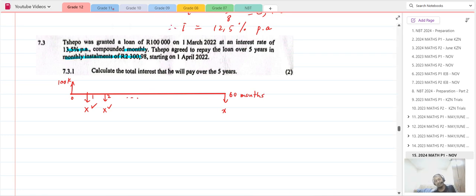So we need to work out the total interest over 5 years. Accumulate the loan amount for 5 years and minus the total amount. So it's basically total amount paid minus the loan amount.